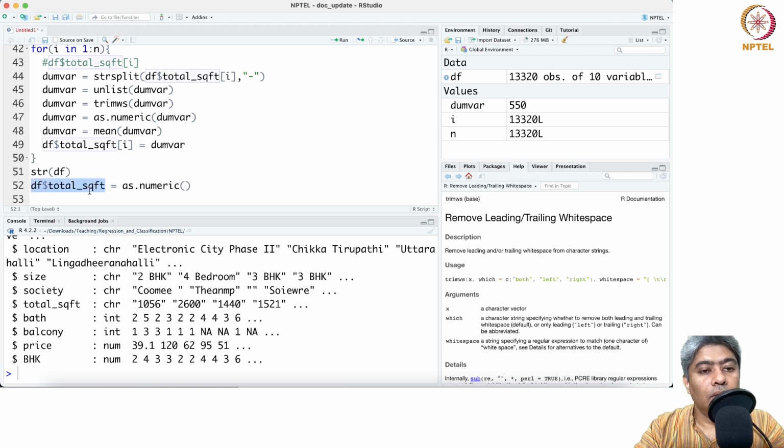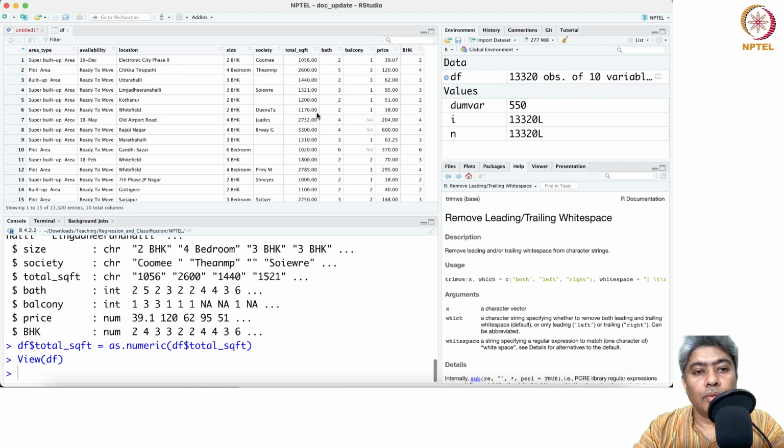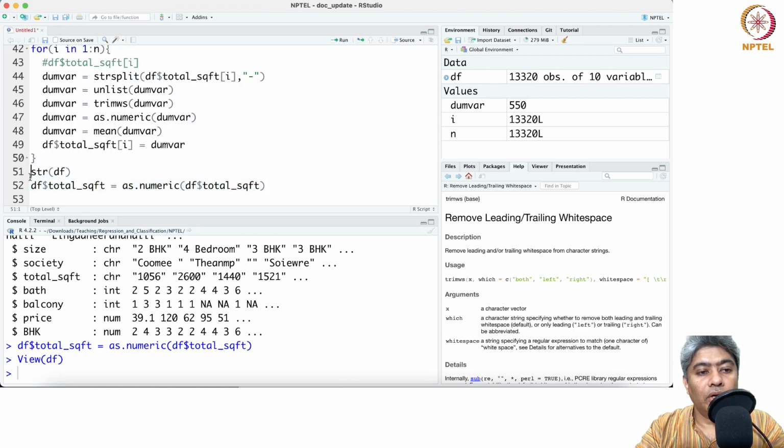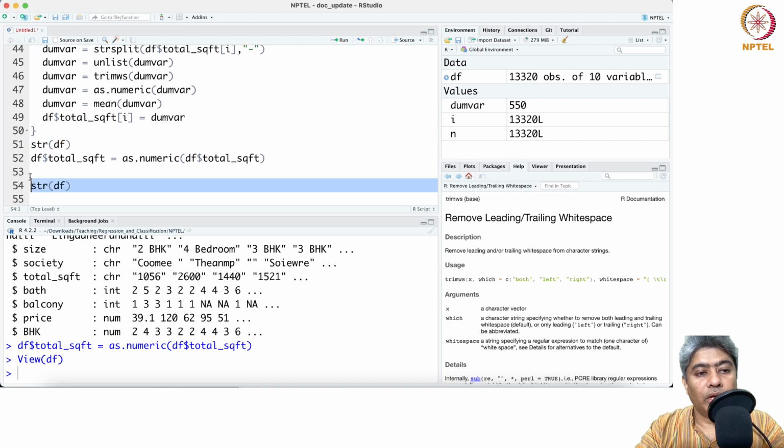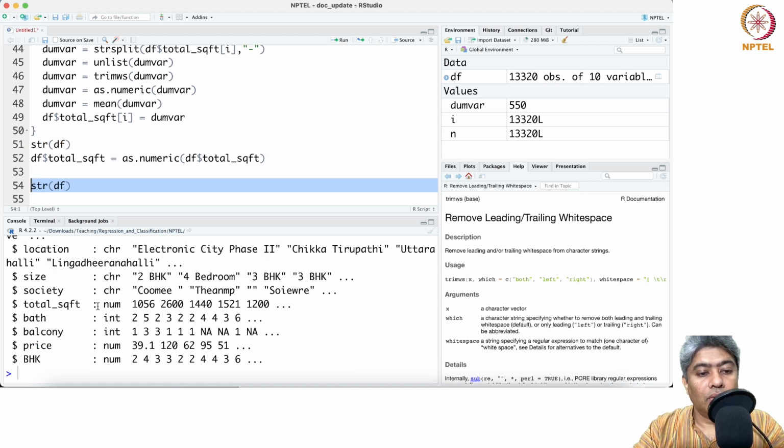All right, and now we can see they have indeed become numeric. So total square feet is now numeric. This is a big problem solved.